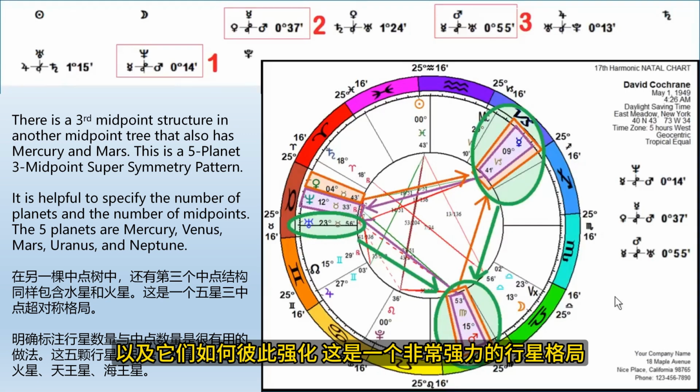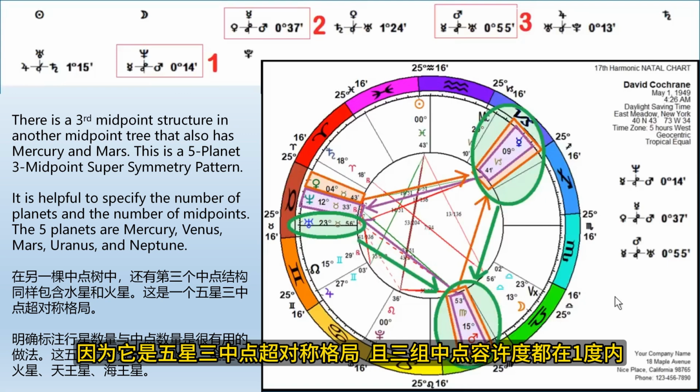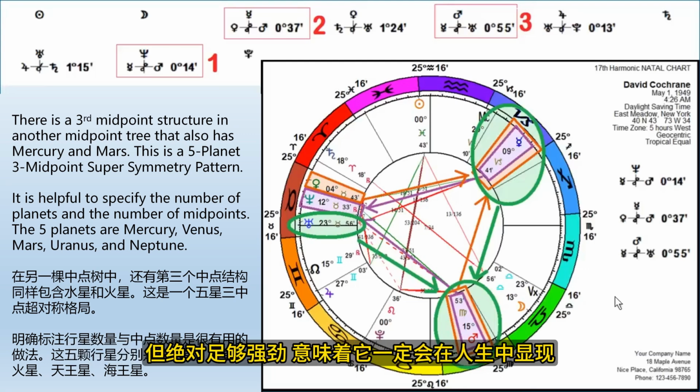This is a very powerful planetary configuration because it is a 5-planet, 3-midpoint supersymmetry pattern, and all 3 midpoints are under a degree orb. It's solid. It's not overpowering. It's not the strongest configuration in all of my charts, but it's a darn strong one, and that means it should show up.